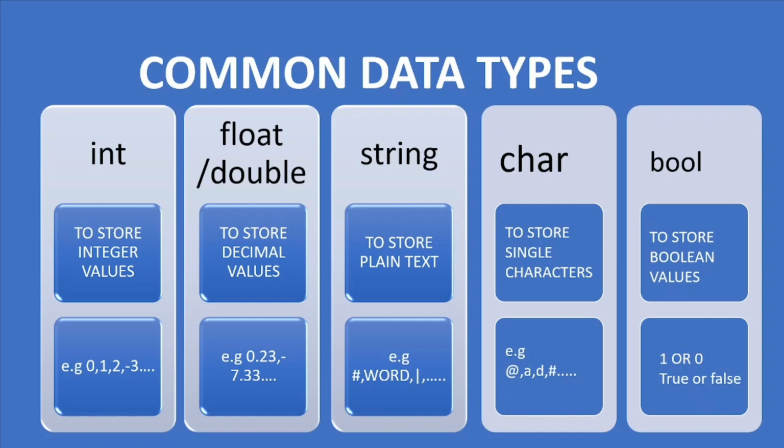The other type is a char or character data type, abbreviated as char. We pronounce this as char. This basically stores a single character.